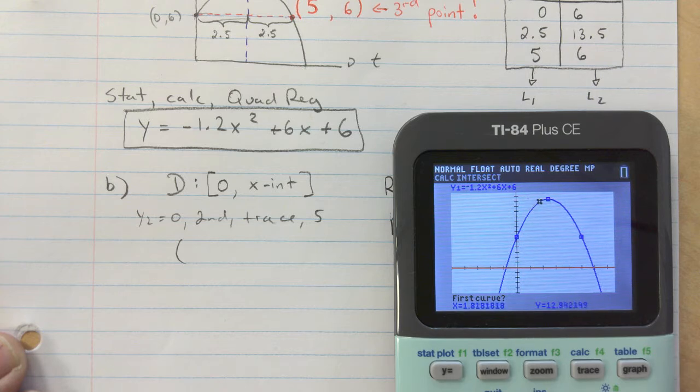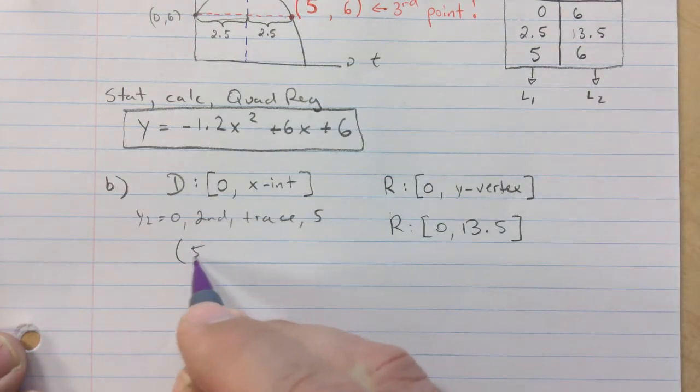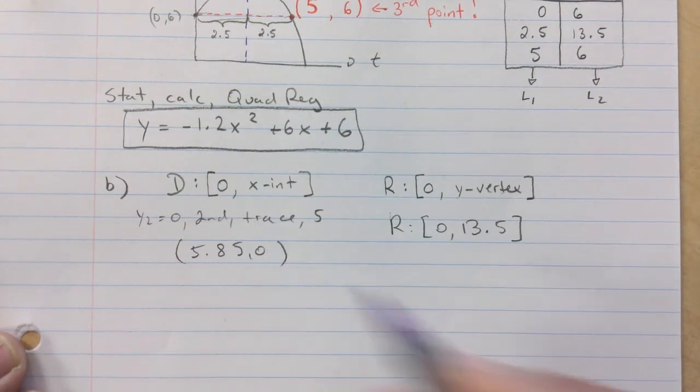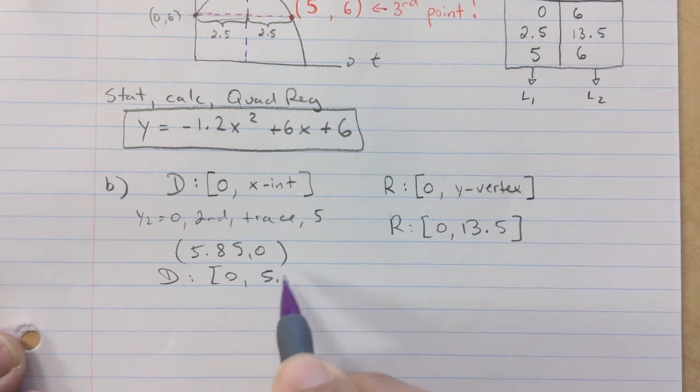You want to go over the hill, closest to that, enter, enter, enter. So that's 5.85, 0, right? So the domain is 0 to 5.85.